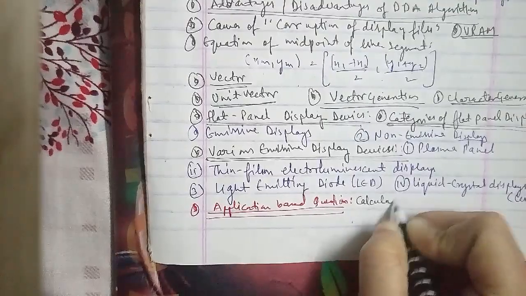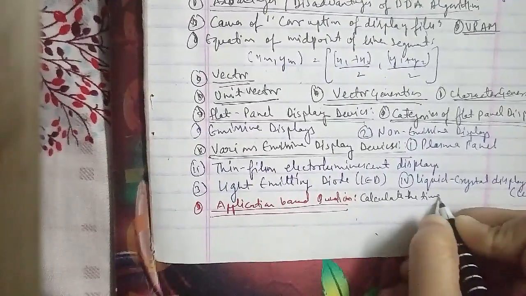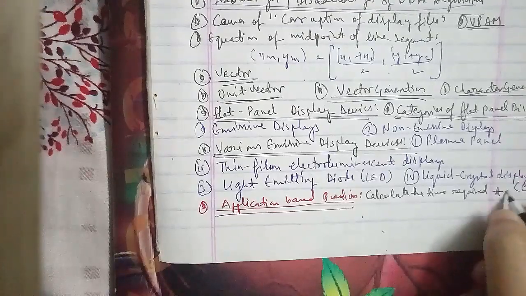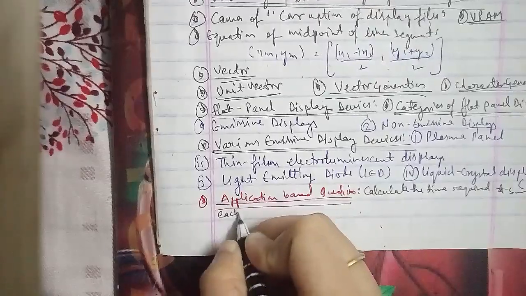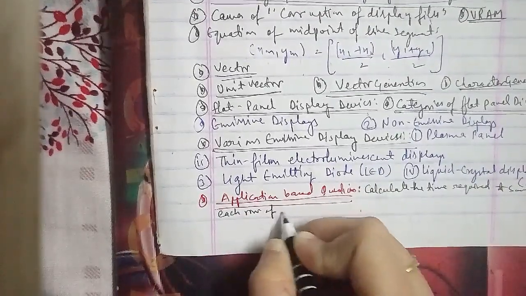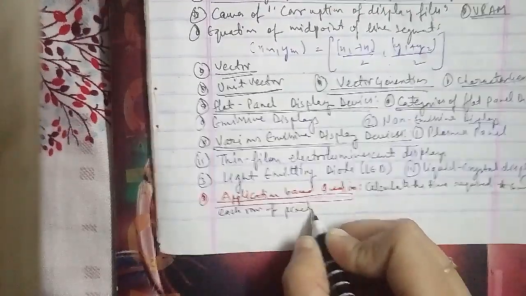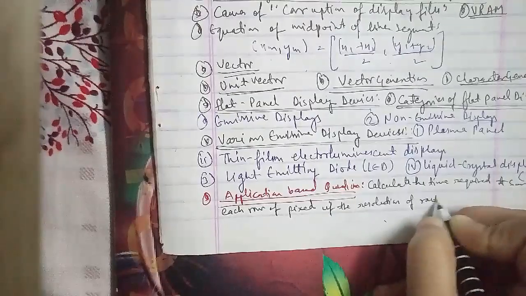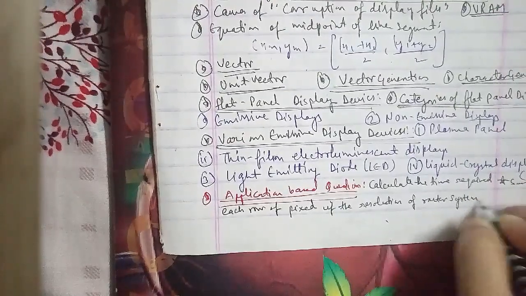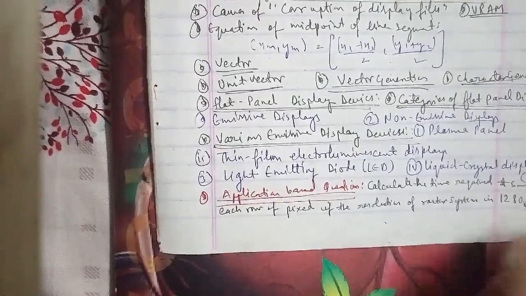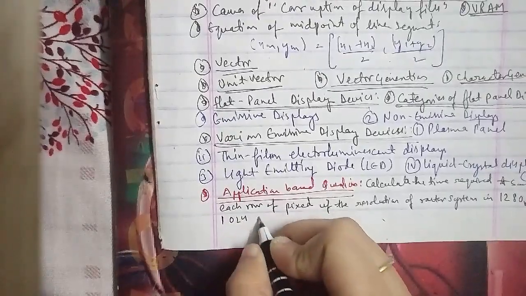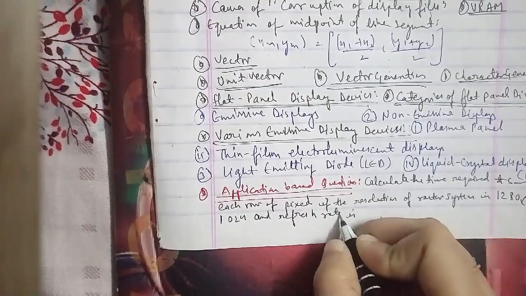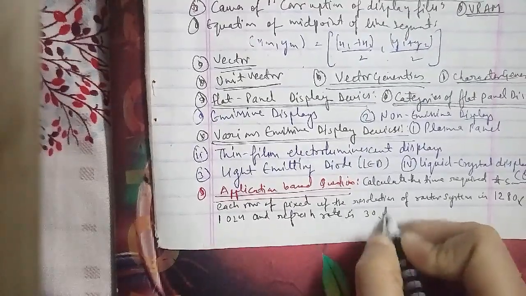Calculate the time required to scan each row of pixels if the resolution of raster system is 1280 and 1024 and refresh rate is 30 frames per second.